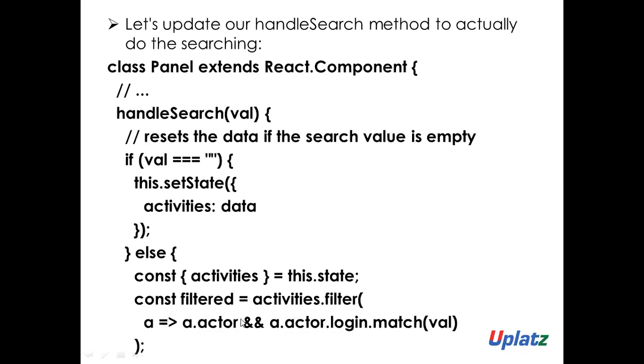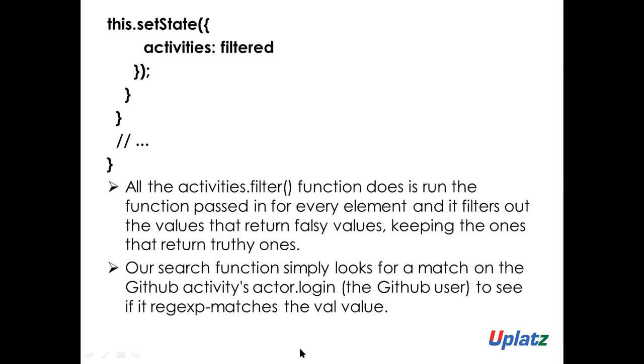If it is a.actor.login.match, it will get matched based on the value that gets passed, which means we have set some state, right? So based on that it will make a match and then return.